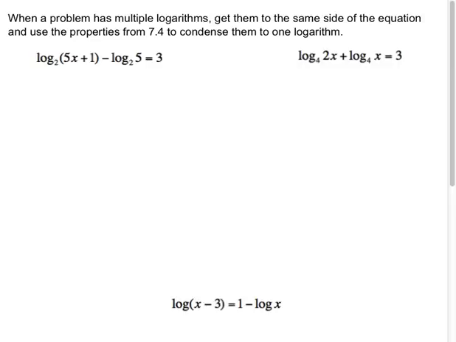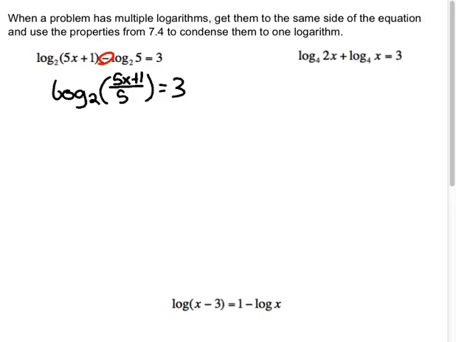So what I mean by that is here we have subtraction. Subtraction means I can rewrite this as a division problem. Okay, I can condense it together by dividing them instead. So that's going to be the key here.